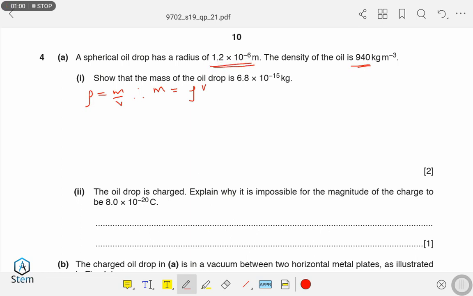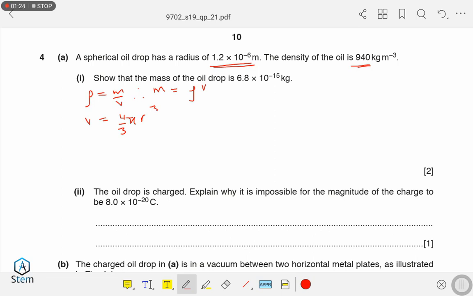However, we know that our oil drop is a sphere. We'll assume that it is a perfect sphere. So the volume of a sphere is calculated using V is equal to 4 over 3 pi r to the power of 3.